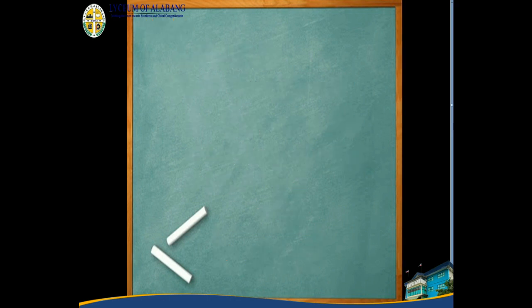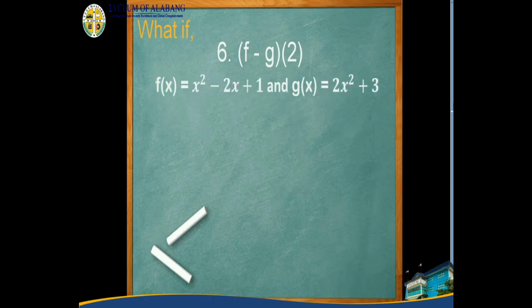Next, number 6. Evaluate the function f minus g of 2 where f of x is equal to x squared minus 2x plus 1 and g of x is equal to 2x squared plus 3.